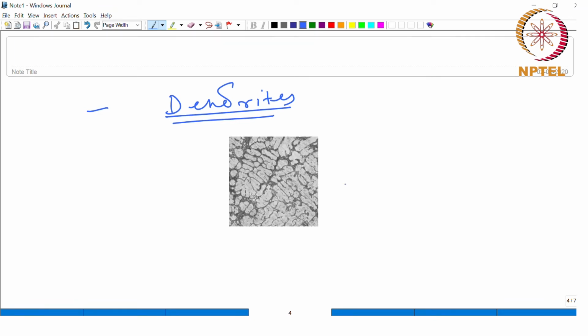This is a microstructure of a typical cast metal that you can see under an optical microscope. You can see these kinds of branches over here.